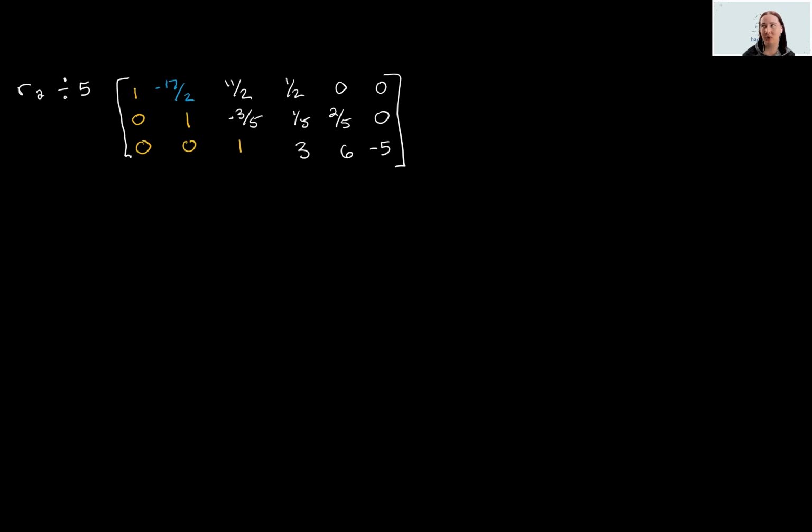Or what we could try to do is eliminate, we could do this 2 ways. So we could multiply row 2 by 17/2 and then add that to row 1. And then we've got all these fractions. Or we can multiply row 1 by 2 and then row 2 by -17 and then add them.